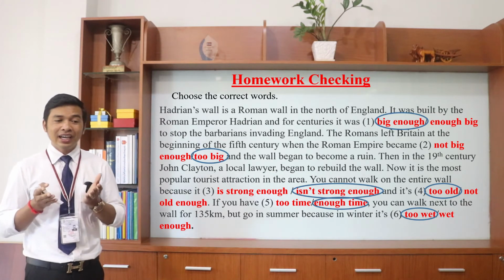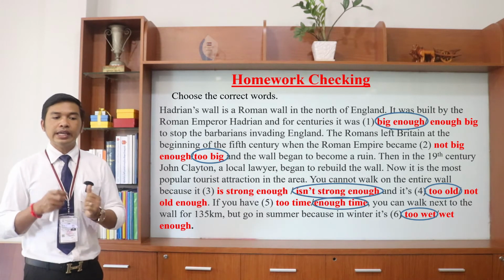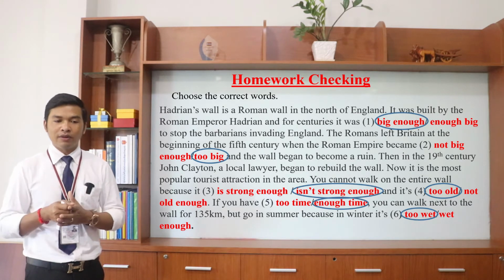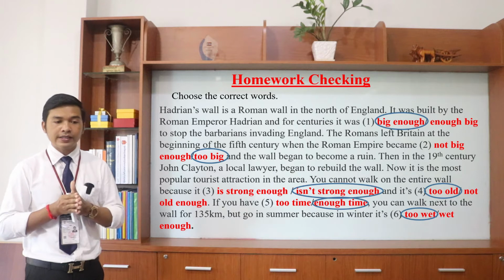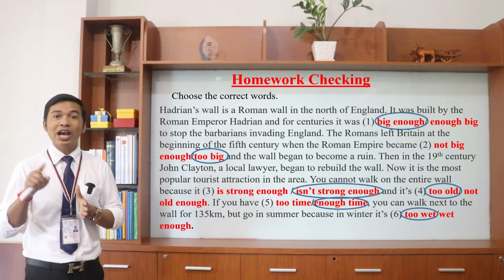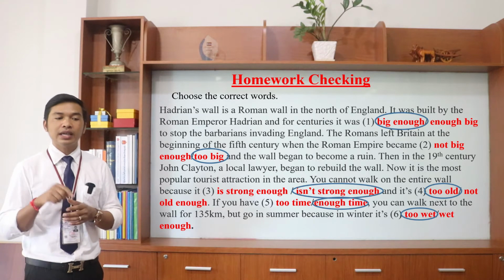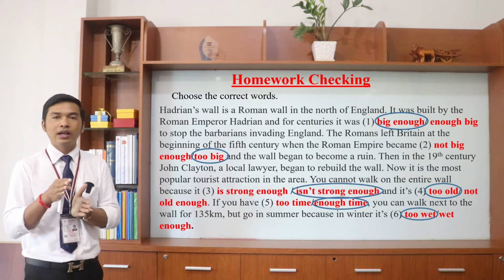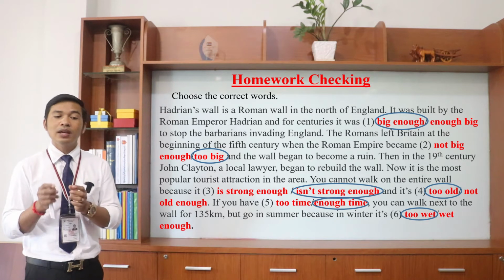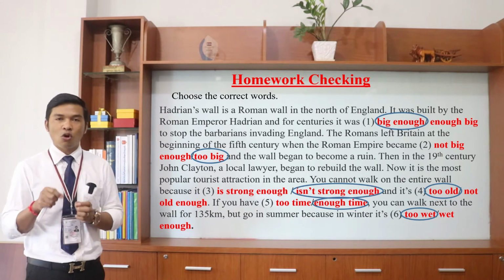Here, right? And number 3, because it is strong enough or isn't strong enough. As you can see in the whole sentence, they said you can walk on the entire walls, because it is, you see, you can't walk. Can't walk means the wall has a problem. So what is the problem? The problem is it isn't strong enough.